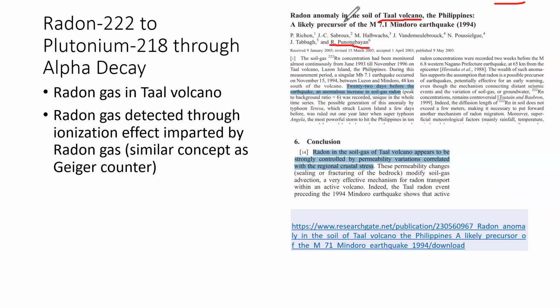They were studying radon gas in the soils of Taal volcano, and they detected an anomaly, meaning a sudden, drastic increase in the radon in the soil around Taal volcano just before the Mindoro earthquake in 1994.